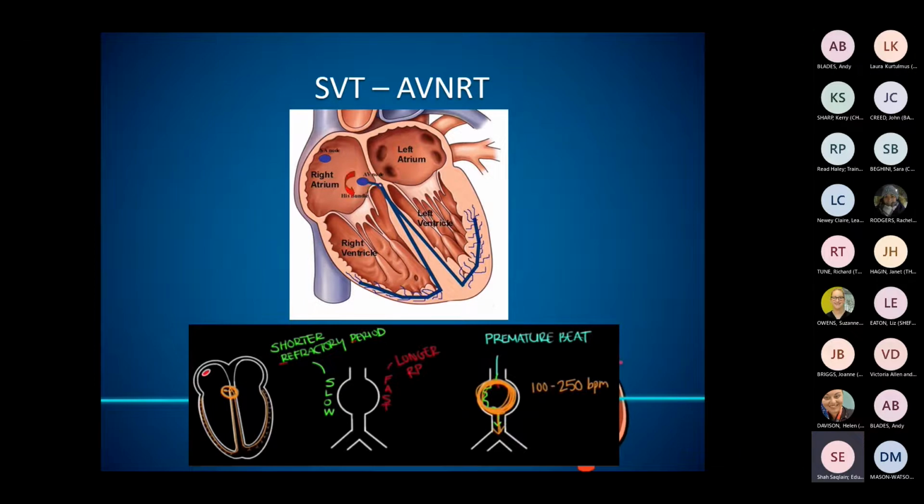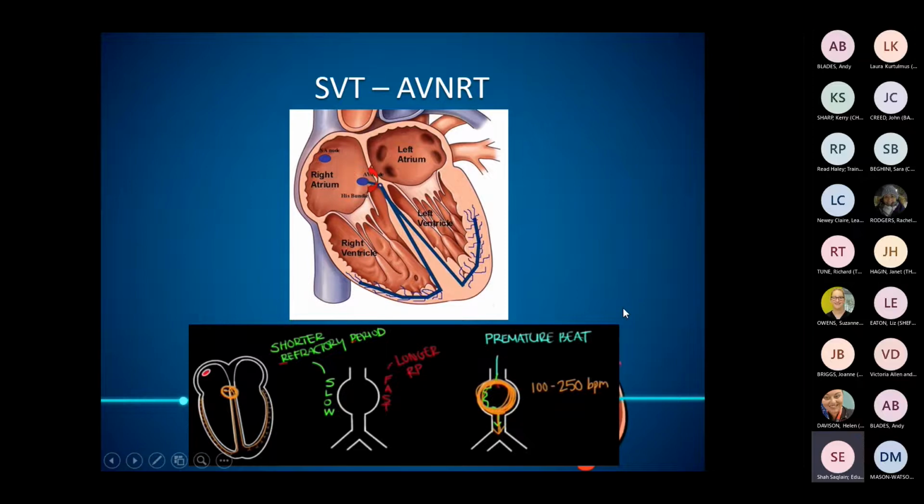Now, what tends to happen in patients with AVNRT is that the slow action potential and the fast action potential within the node overlap one another to a degree, so you don't get this refractory period in which an action potential isn't fired, and you just get repeated premature beats which continue.